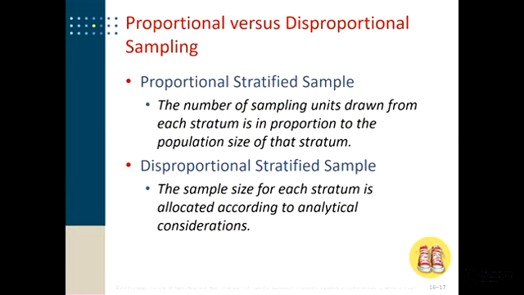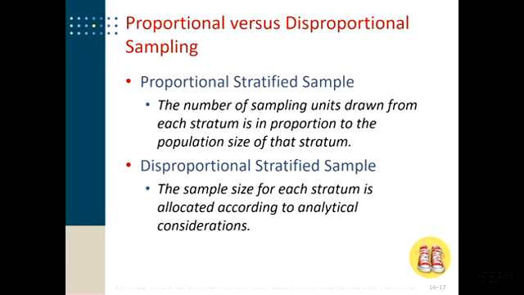Now, proportional stratified sampling means that individual sampling elements under each stratum are selected in such a way that its proportion in the entire sample is consistent with its proportion in the entire population.